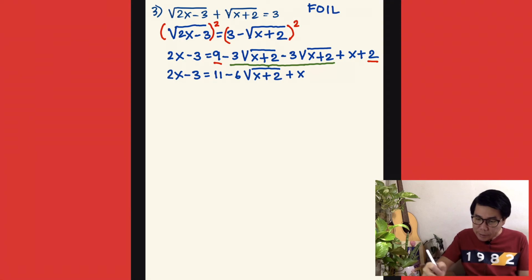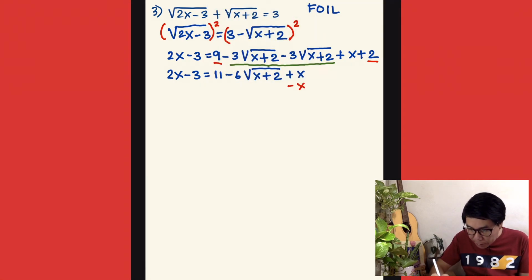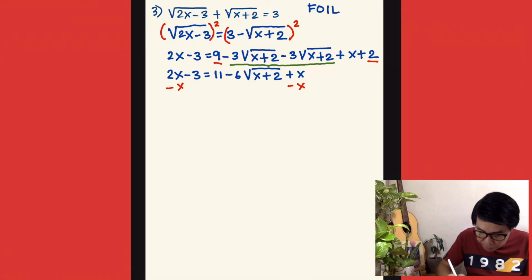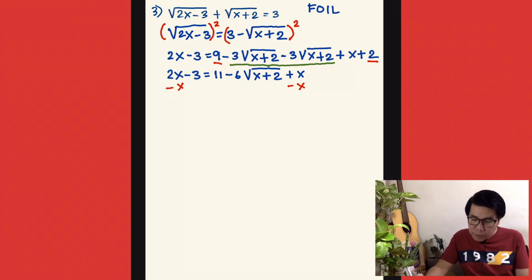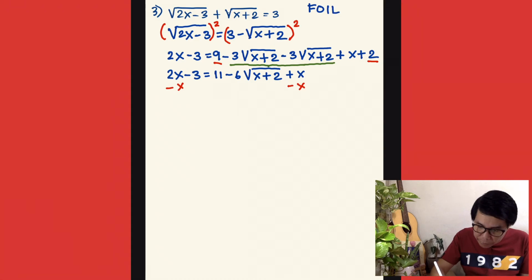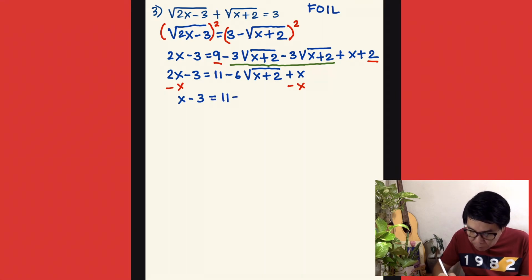Next, I can subtract x from both sides. So 2x minus 1x will give us 1x, or x minus 3 equals 11 minus 6 square root of x plus 2.